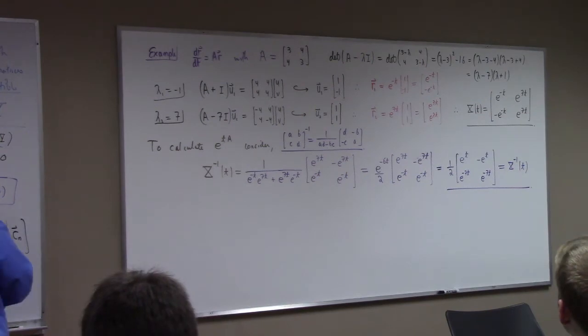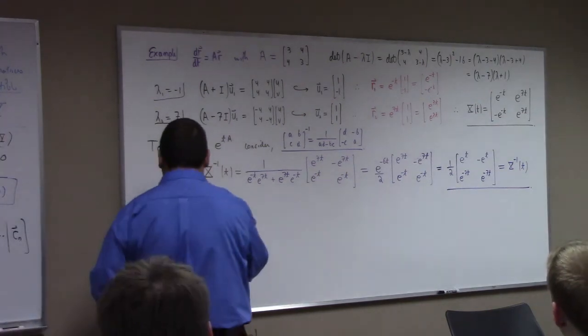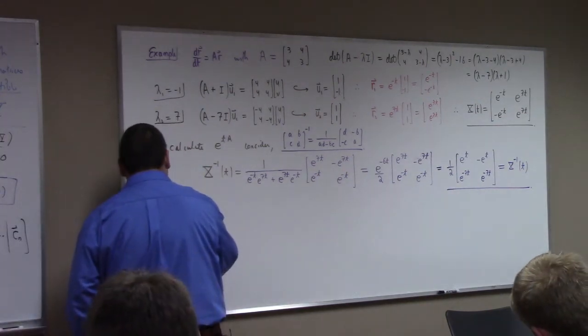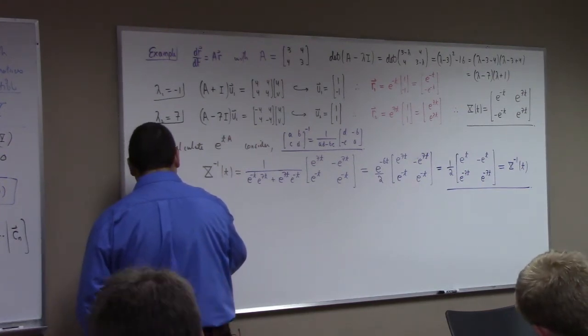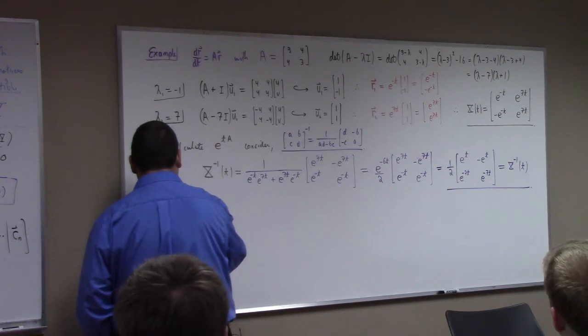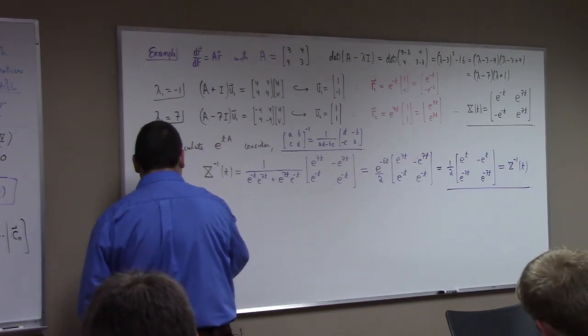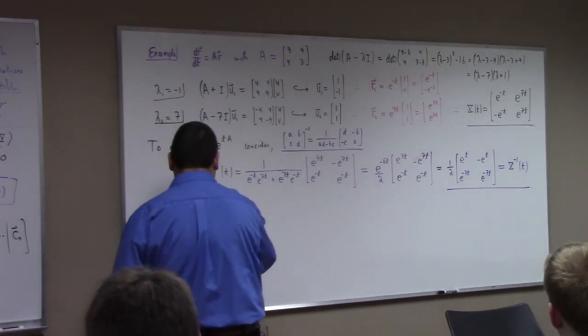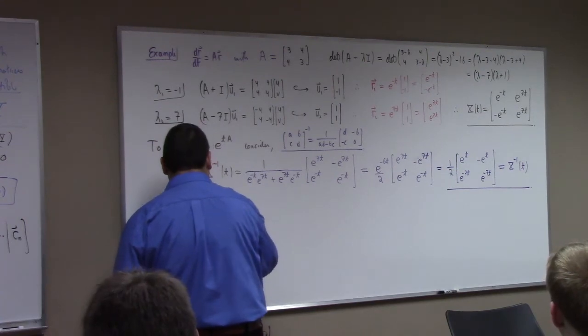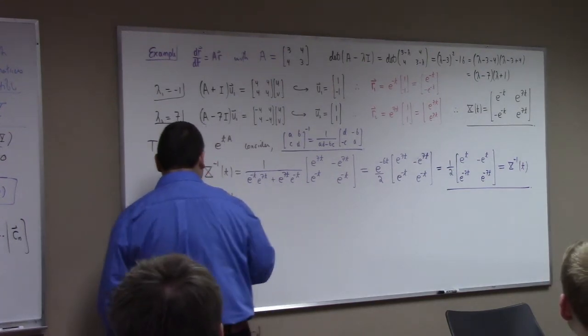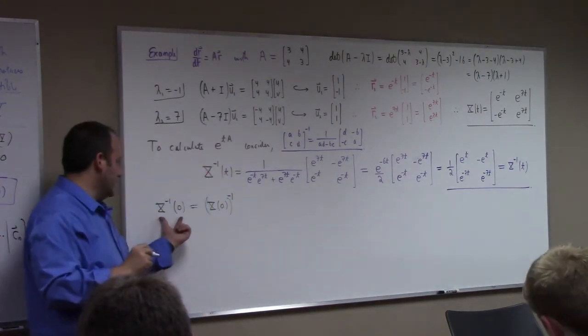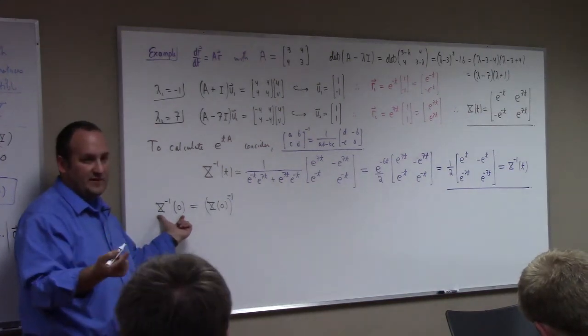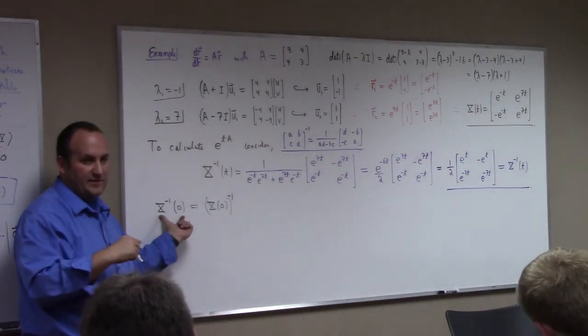So what Taylor is exploiting is the following fact. X inverse at time 0 is equal to x of time 0 inverse. So here I'm talking about finding the inverse as a function of time and evaluating at time 0.